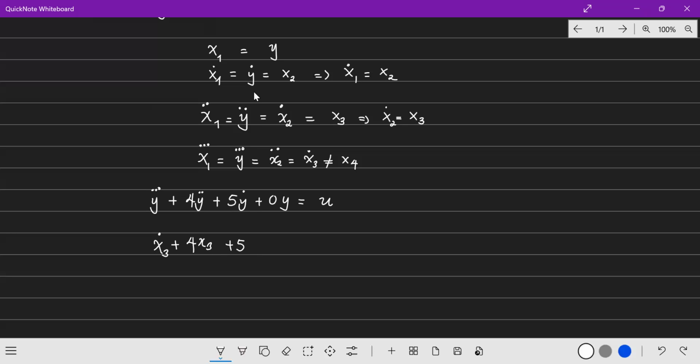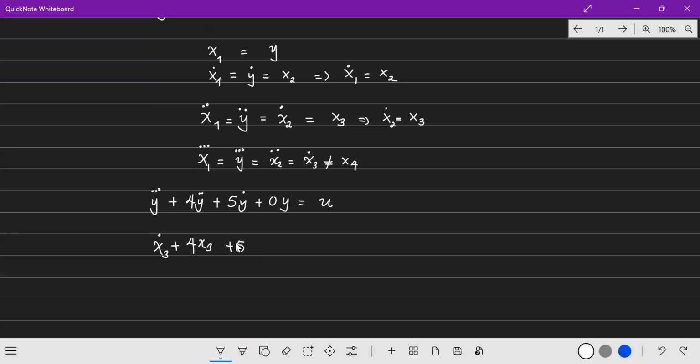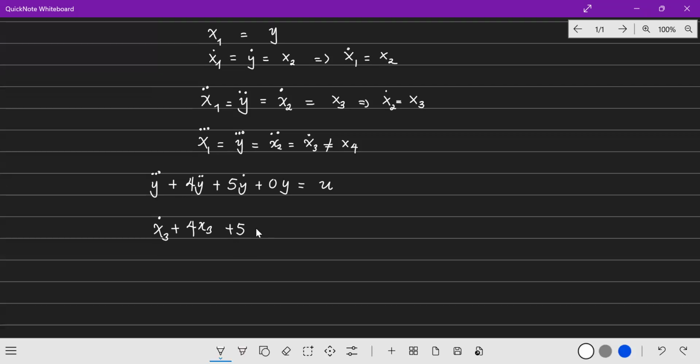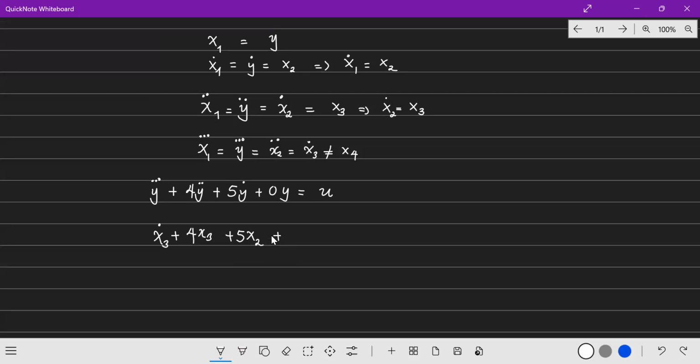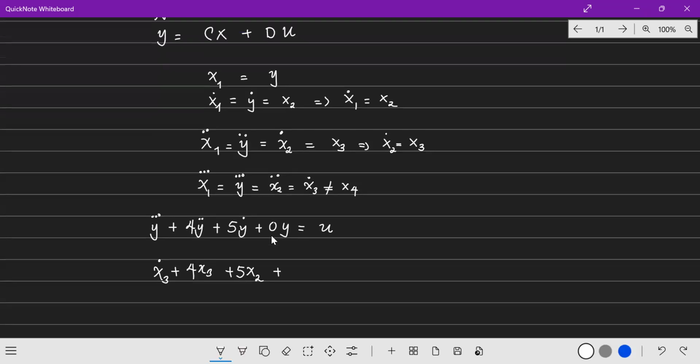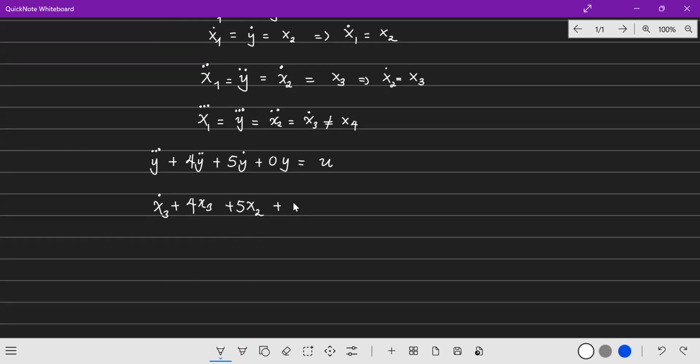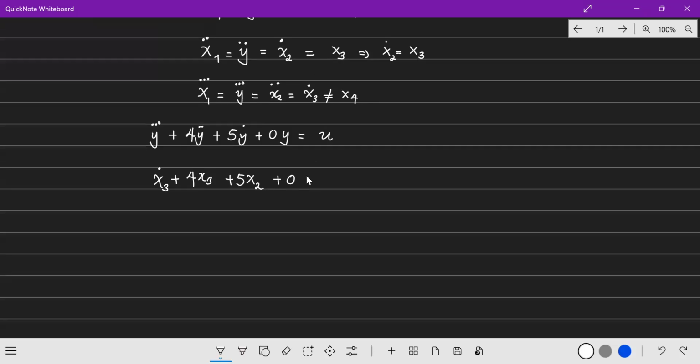What is y dot? Y dot is simply equal to x2, isn't it? Okay, and then plus 0y. 0 times y, and y is simply x1. I'm just going to write this by default as x1, and this is equal to u.